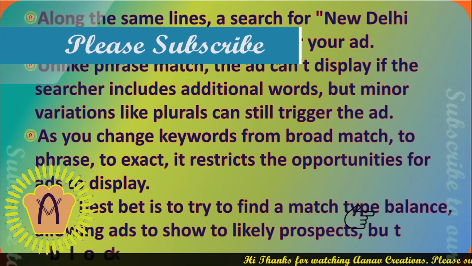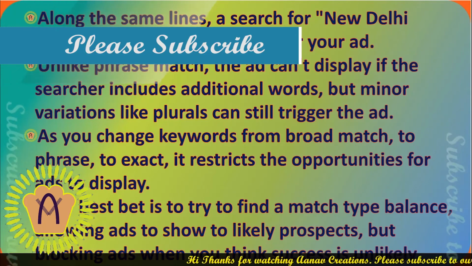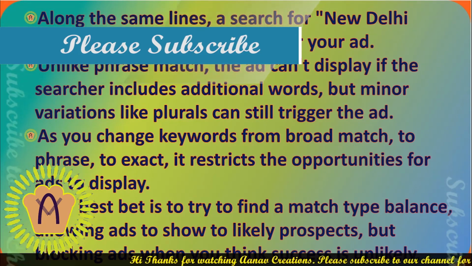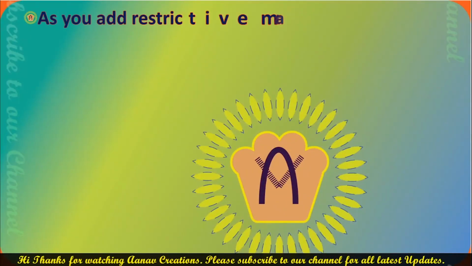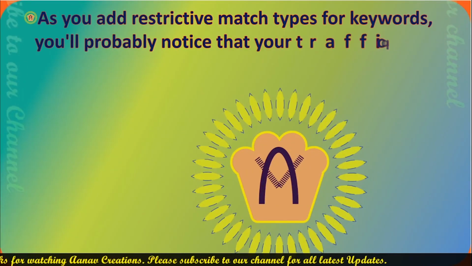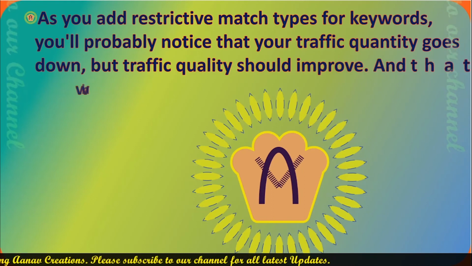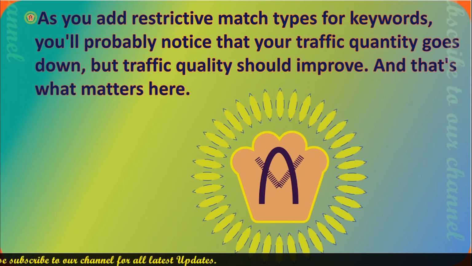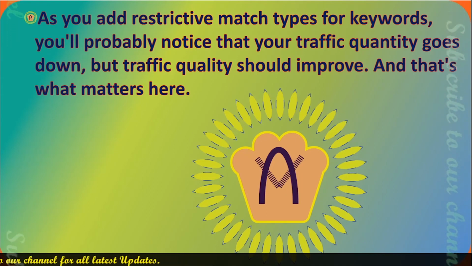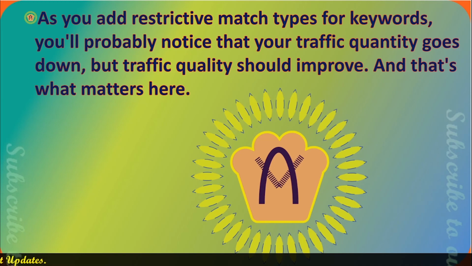As you change the keywords from broad match to phrase to exact, that restricts the opportunities for ads to display. This is the main point. As you add more restrictive match types to keywords, you will probably notice that your traffic quantity goes down, but traffic quality should improve, and that's what matters here.